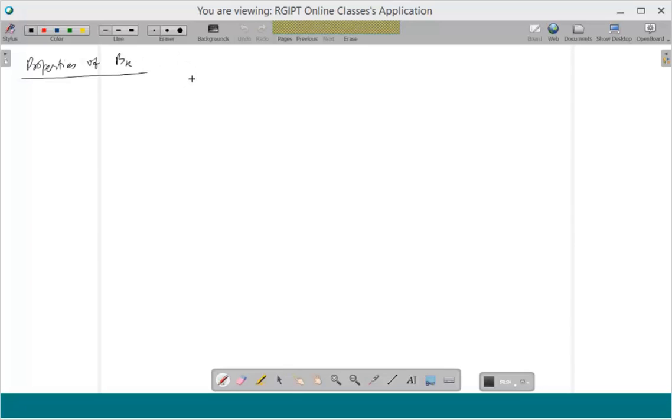Any function that I've constructed, centered at the kth point, will have the following important properties, which I'll list down and then we'll finish.